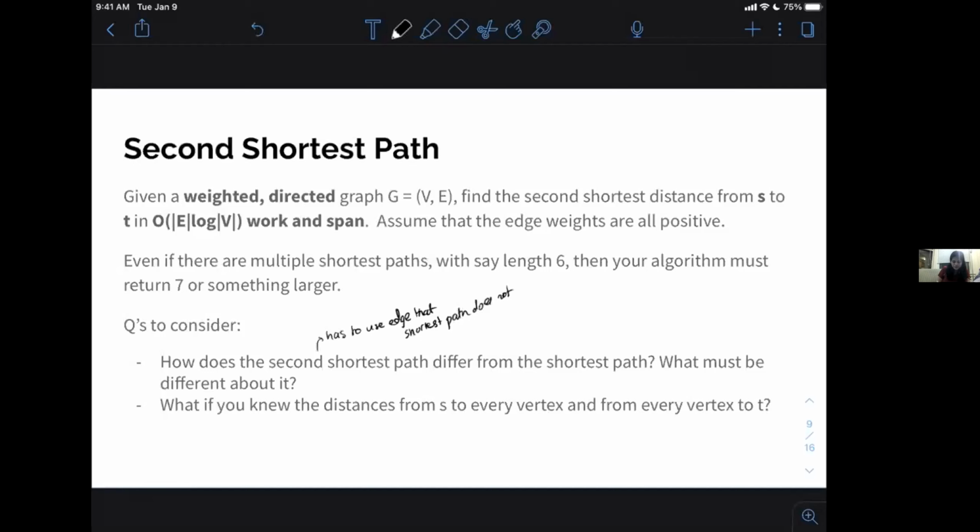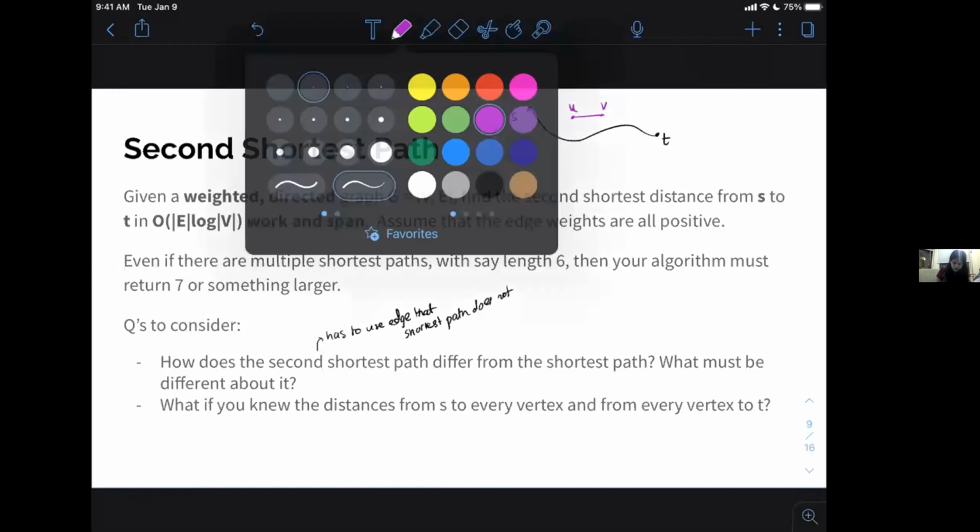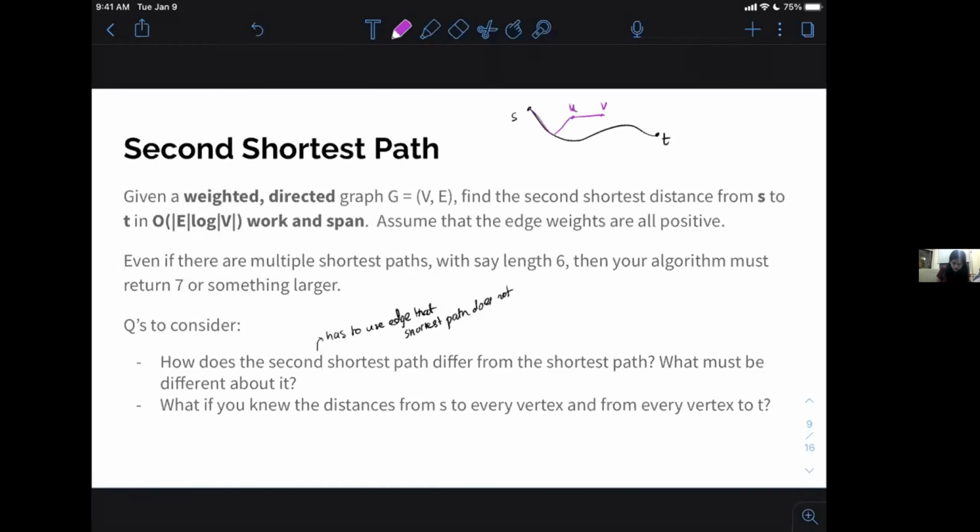So let me talk about that a little bit. The idea is that if you're looking at the shortest path from S to T, the second shortest path has to diverge in some case. Let's say this is an edge U to V, which the second shortest path uses, but the shortest path doesn't.